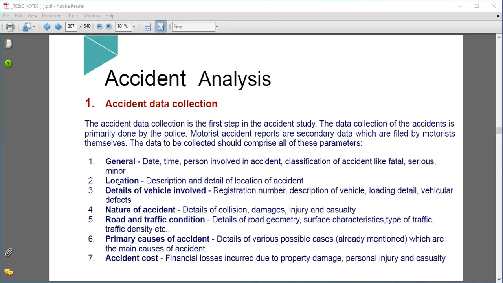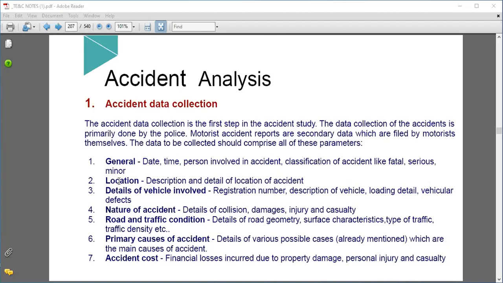So we'll see the accident data collection. The accident data collection is the first step in the accident study. The data collection of the accident is preliminarily done by the police. Whenever an accident occurs, at that site the preliminary data collection of the accident is done by the police only.